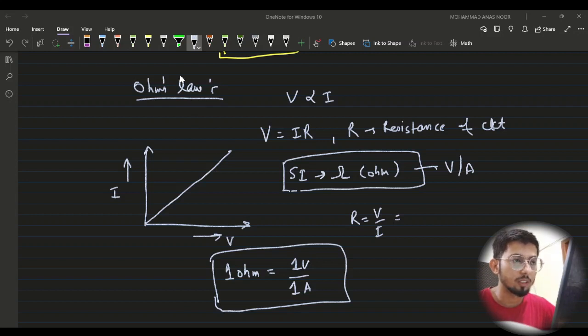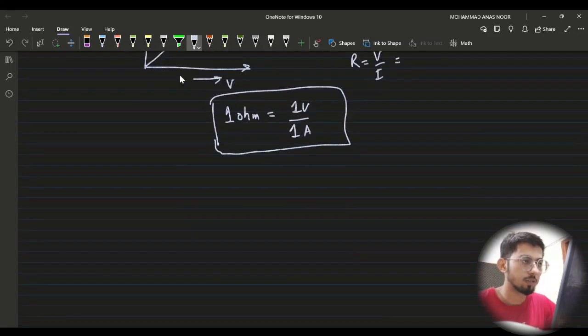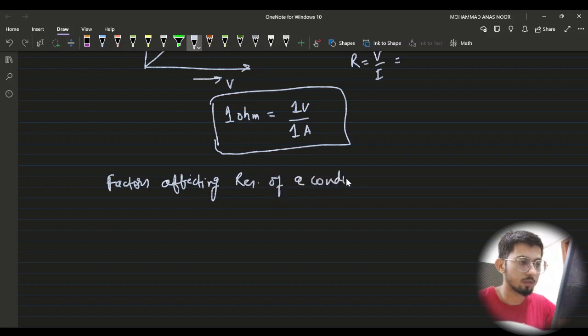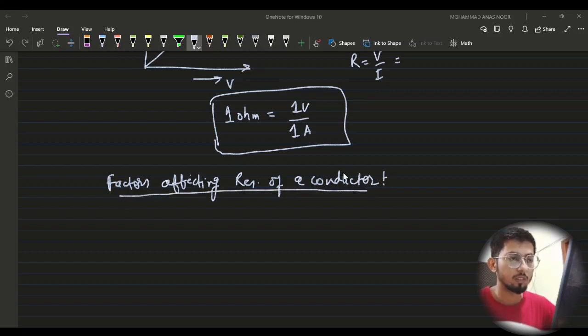The other thing that you already know is the factors. Let's recap that: factors affecting resistance of a conductor. Resistance of a conductor depends on various factors.